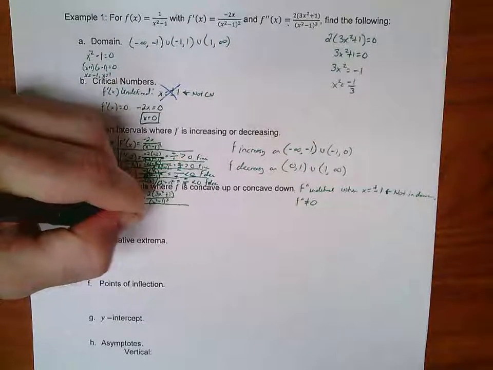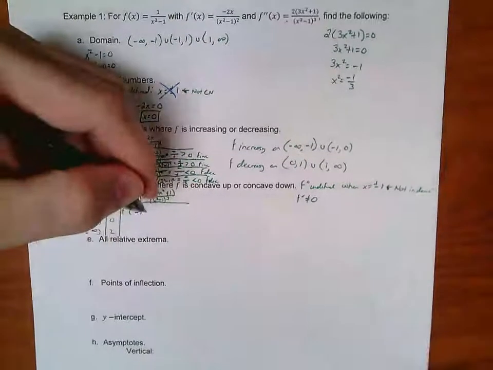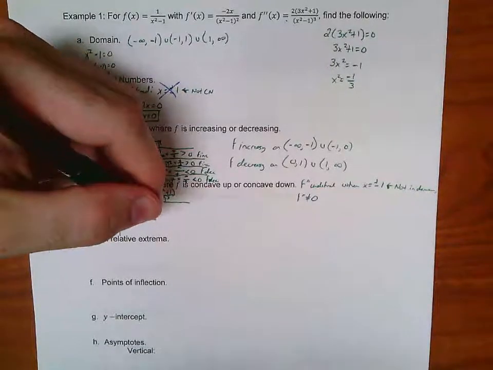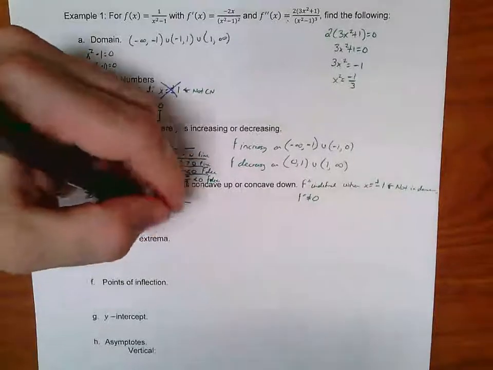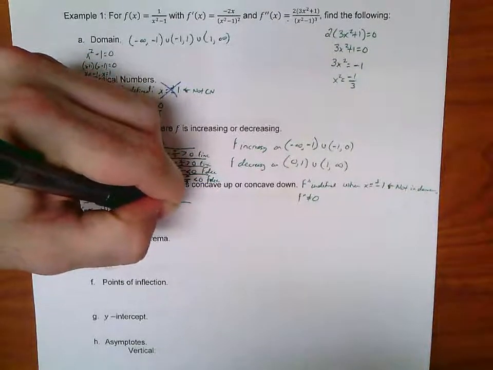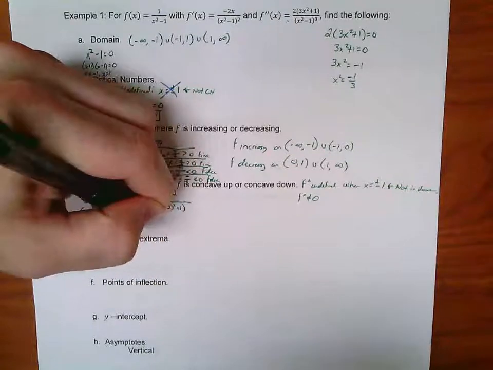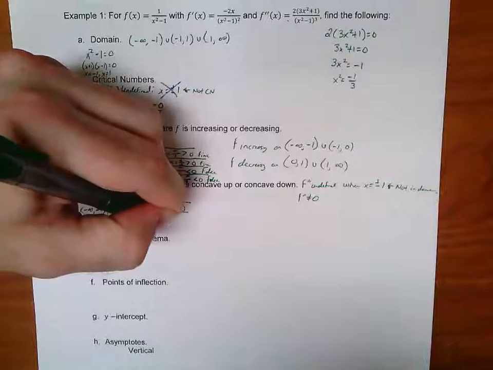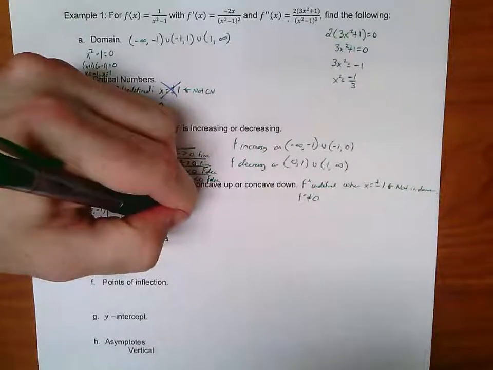f double prime of negative 2. So that's going to end up being 2 times 3 times negative 2 squared plus 1 all over negative 2 squared minus 1 to the 3rd power.